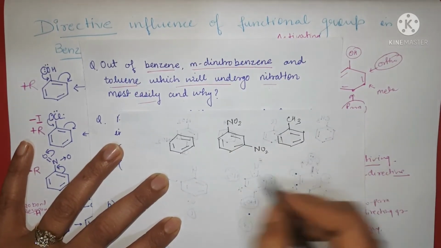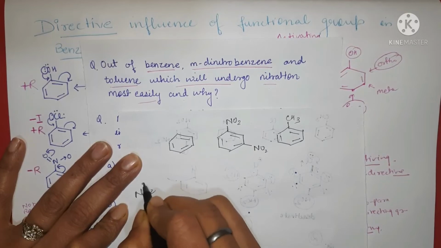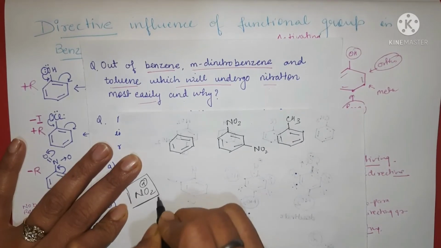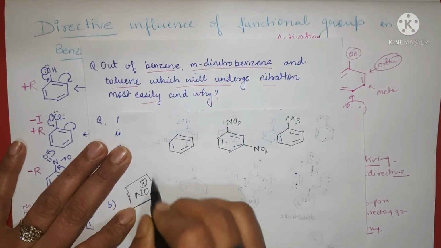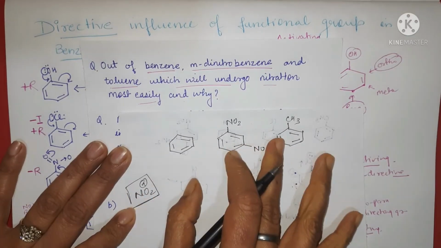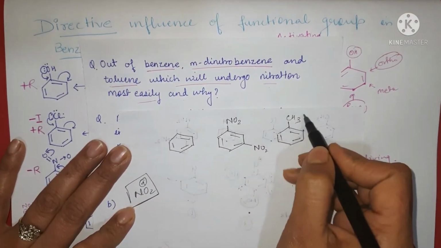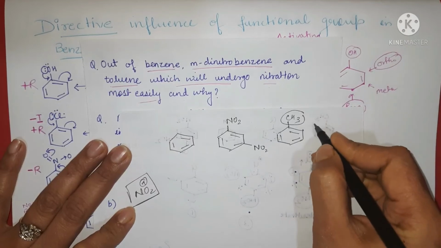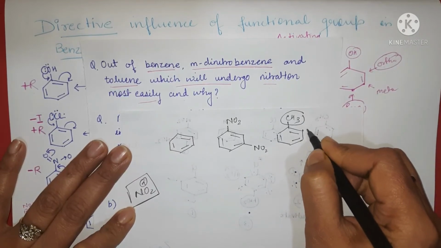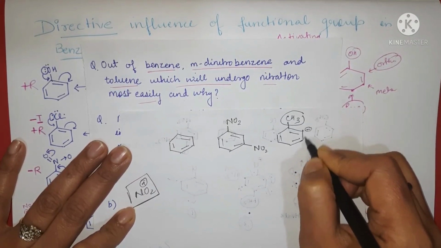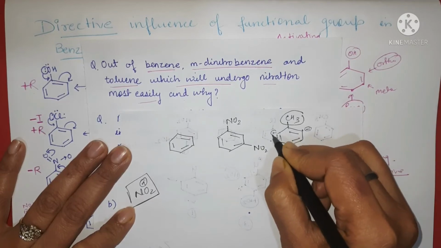So you know that in nitration, NO2 plus, the nitronium ion, is the electrophile which is going to attack. So let's say it's an electrophile and it has to attack here. As you know, CH3 is an activating group. It will activate and increase the electron density on ortho and para position.